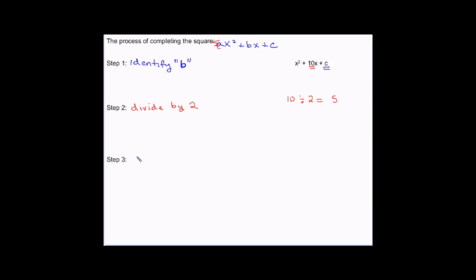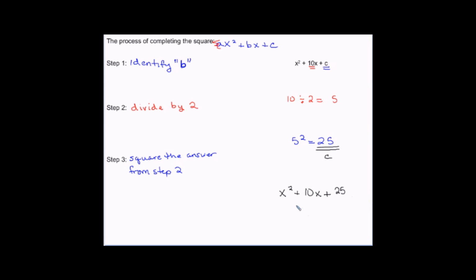The next step is to then square the answer from step 2. So 5 squared is 25. This is c. So in order to have a perfect square trinomial, we have x squared plus 10x plus 25.